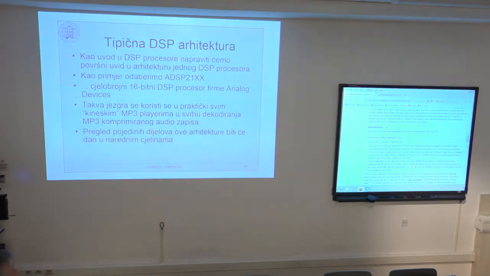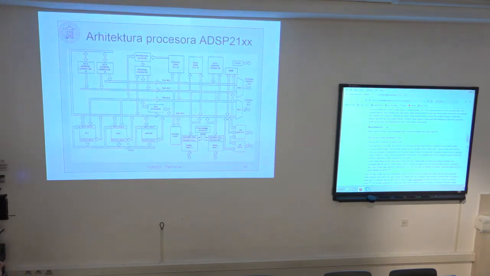But the basic concepts are the same, and they are inherited in all of the contemporary DSPs. We have shown a little bit already about this internal architecture. This is the block scheme of this DSP.